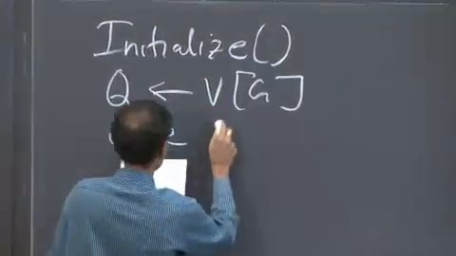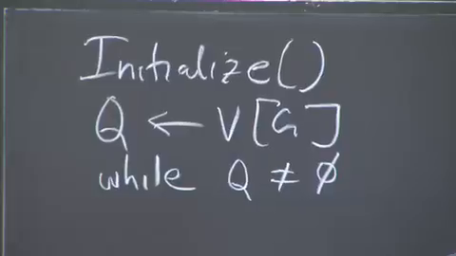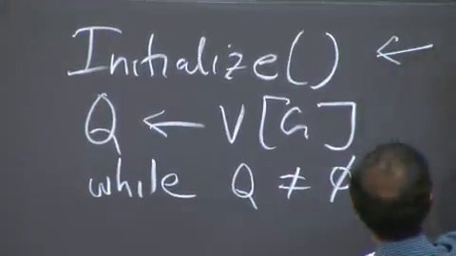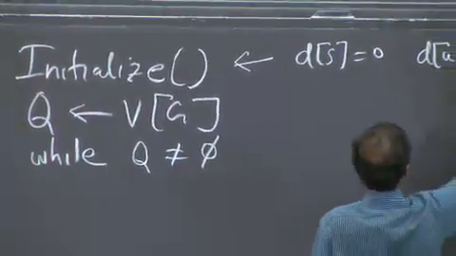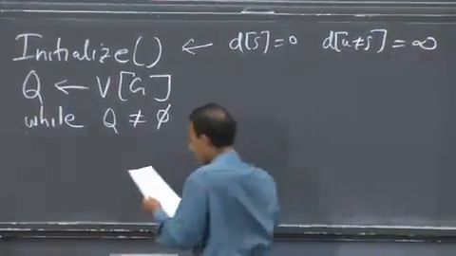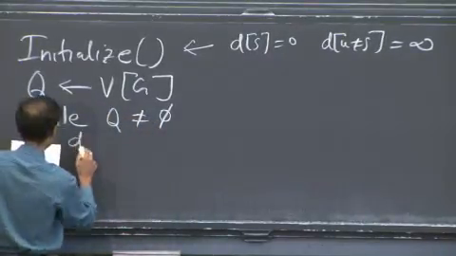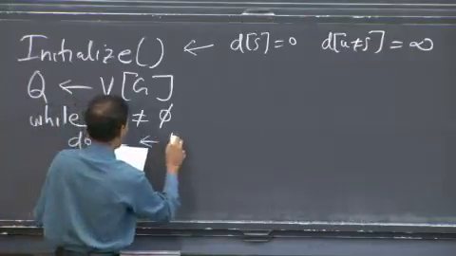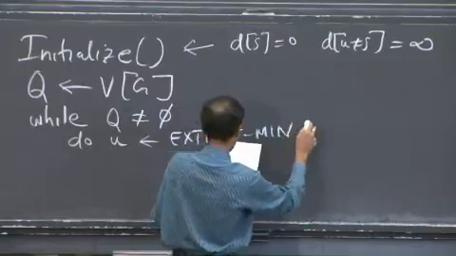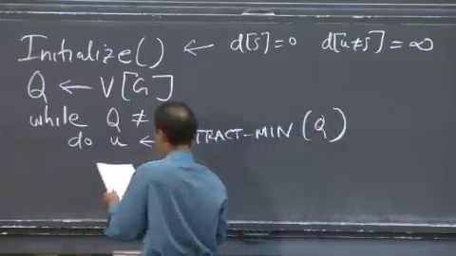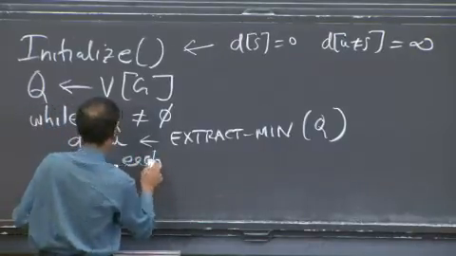So you have your set of vertices that you don't know the shortest paths to. Initialize is going to set d of s to be 0 and d of u not equal to s to be infinity. And we have this set Q that we're going to process and continually extract the minimum priority from Q. And once we do that, we actually know the shortest path to u already.